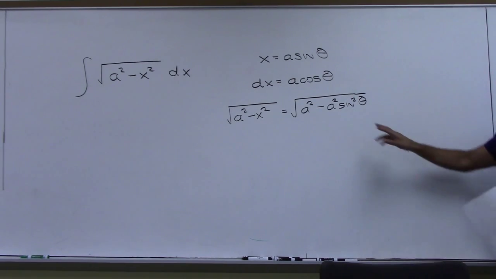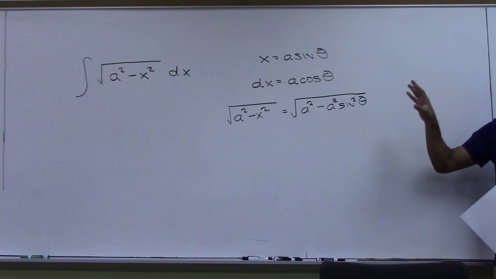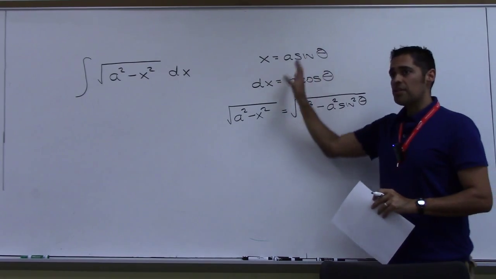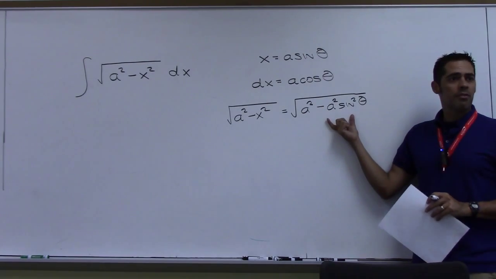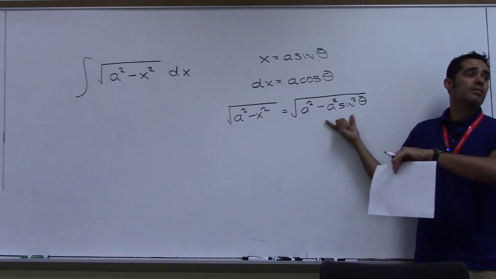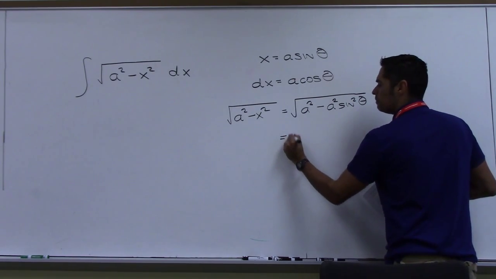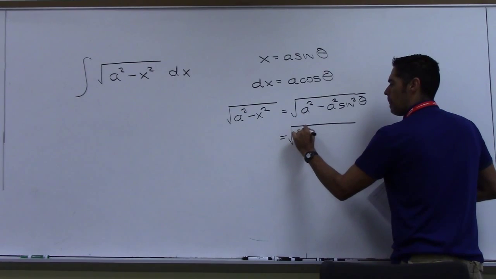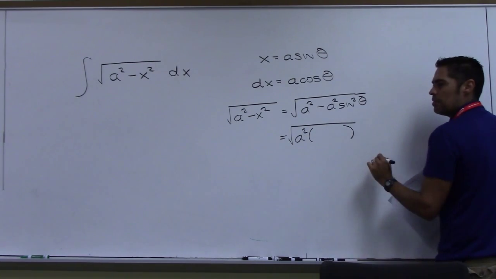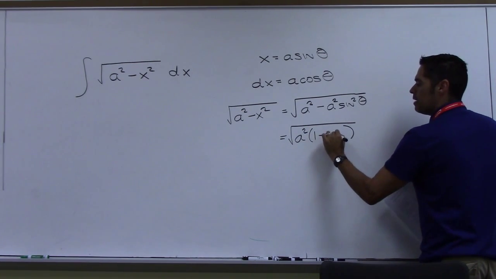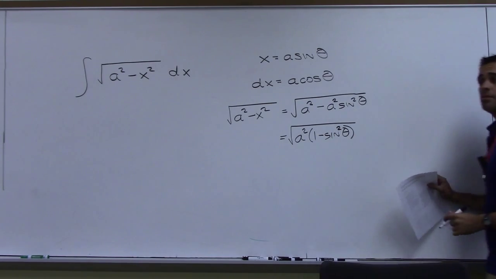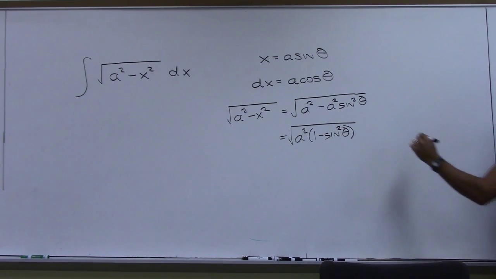Now the purpose of this is that with the correct trig substitution, this square root thing should turn out to be something really nice. And you can see what will happen if you factor out an a squared. Underneath the root, you get 1 minus sine squared theta, which is cosine squared theta.